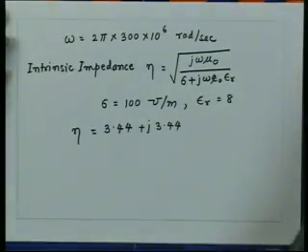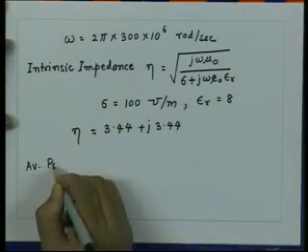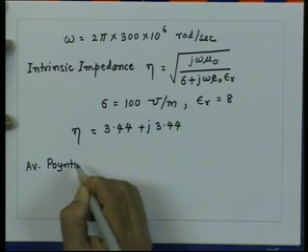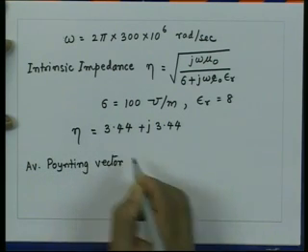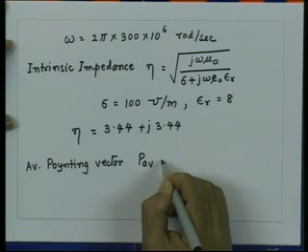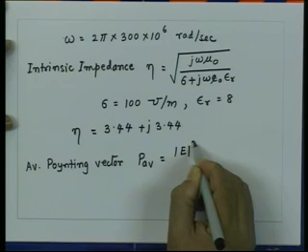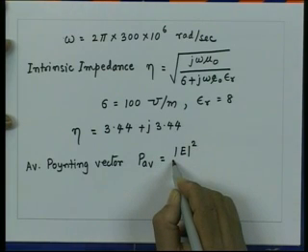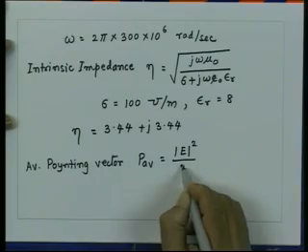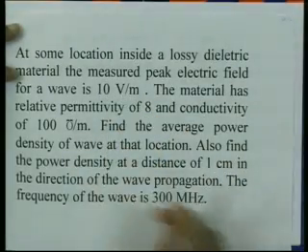Once I know the intrinsic impedance of the medium and the electric field, which is 10 volts per meter, we can find the average Poynting vector. P average is equal to mod of E squared upon 2, and here the peak electric field is given, which is 10 volts per meter.